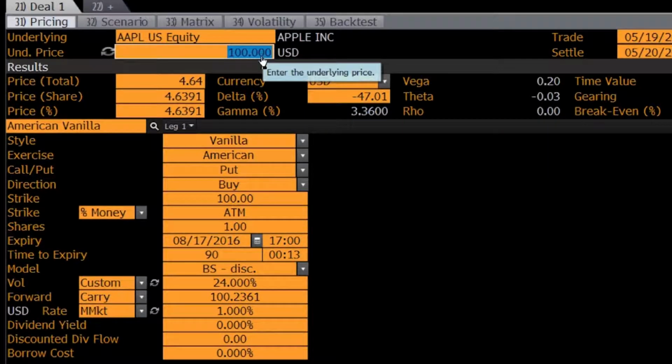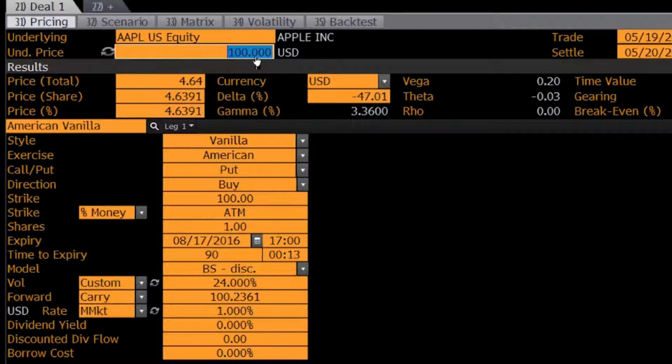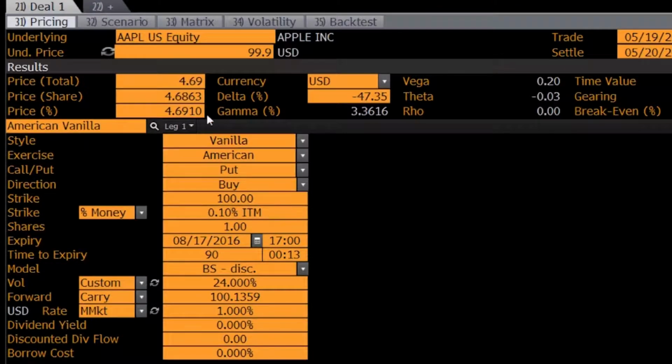If the share price is moving down, the minus delta, a minus of a minus, will make the put go up. So when I enter 99.9 as my new underlying price, and I put my strike back to 100, because the put is still a 100 strike put, indeed I see the price go to 4.69, which is a 5-cent addition to what the put price was before. So that's exactly what I expected.